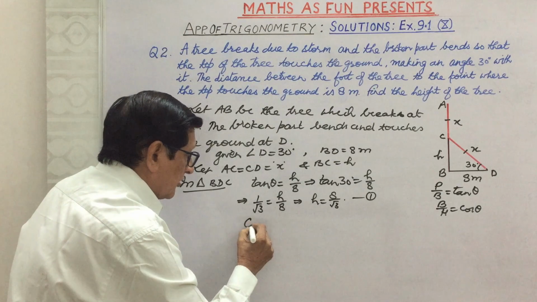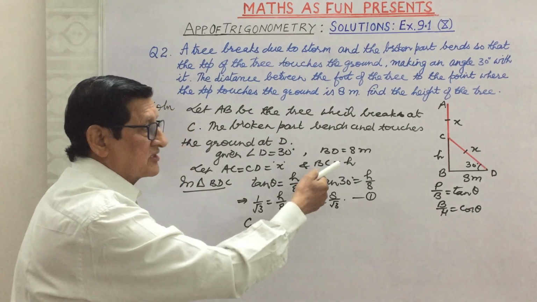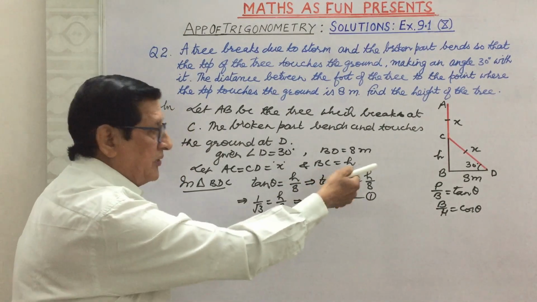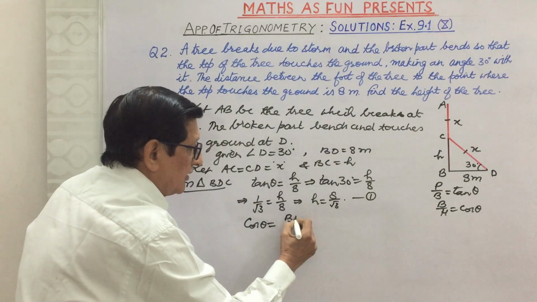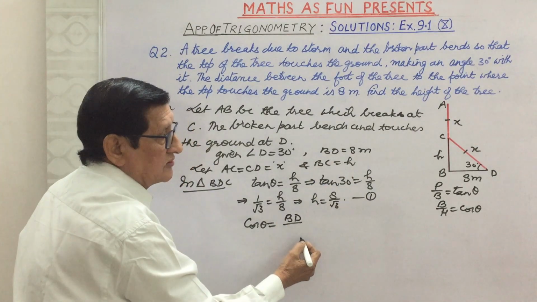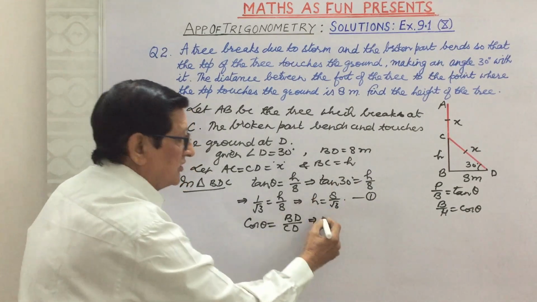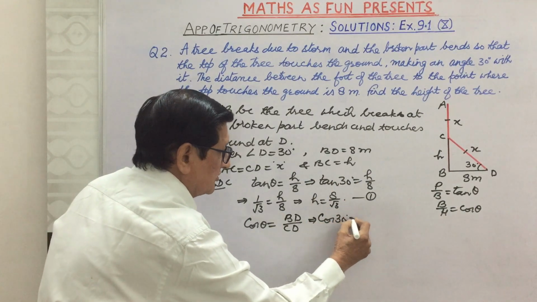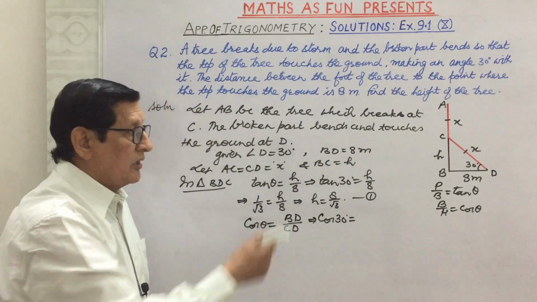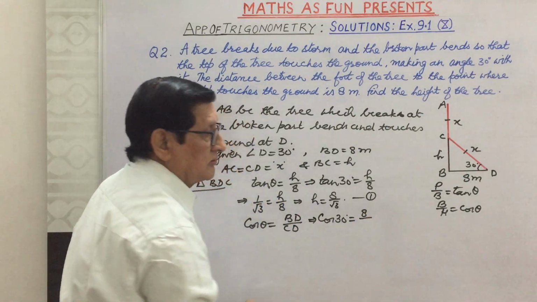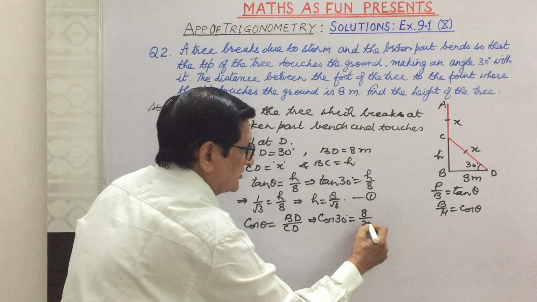Then we use cos theta, which is base upon hypotenuse. Base here is BD, hypotenuse is CD. Theta is 30 degree, so this becomes cos 30. BD is 8 and CD we have considered as x.